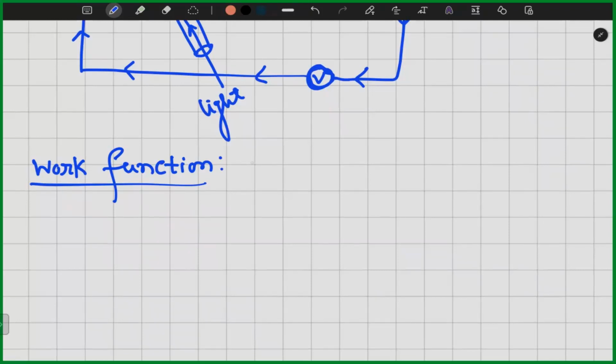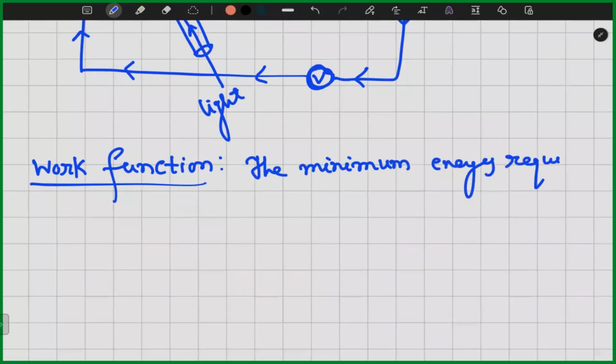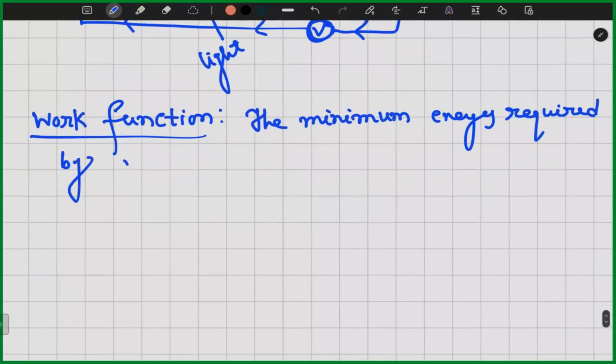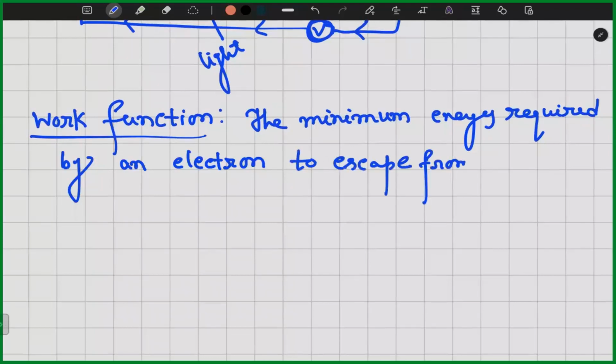That is the minimum energy required by an electron to escape from the metal surface. That energy is called work function.